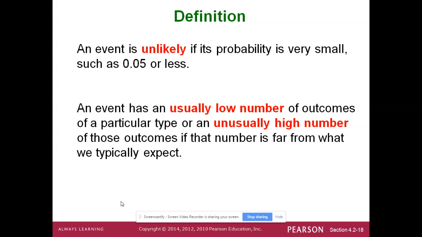A low number of outcomes or an unusually high number of outcomes are kind of like outliers of what we look for when we're talking about probability. Those are some red flags. If something is an unusually low number or an unusually high number of things happening, that event happening. Unlikely is 5% or less.